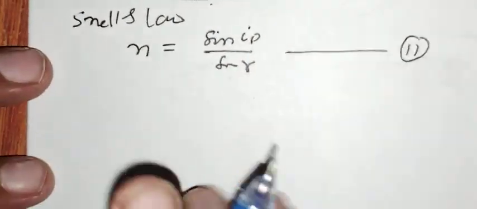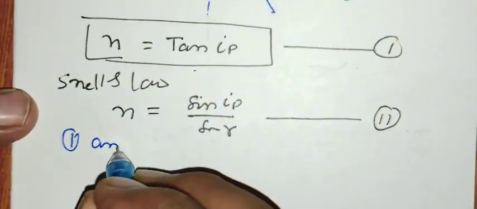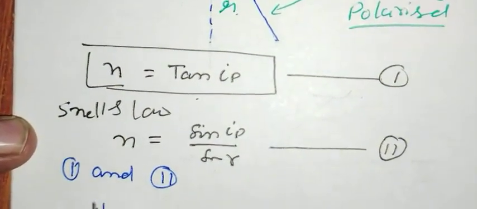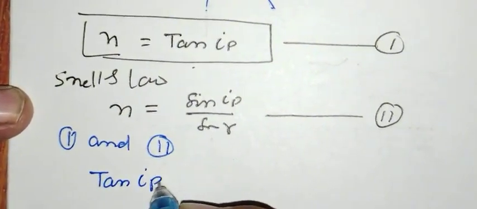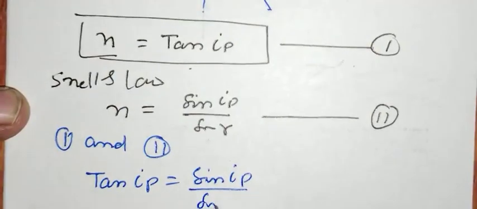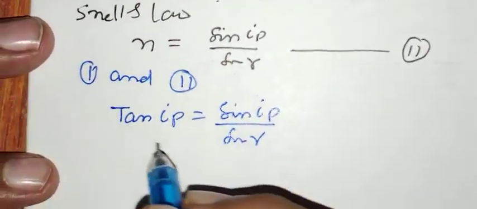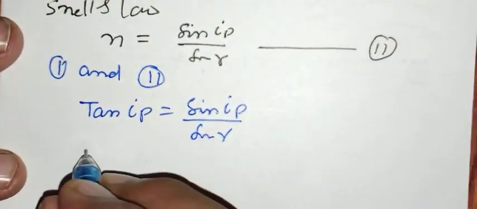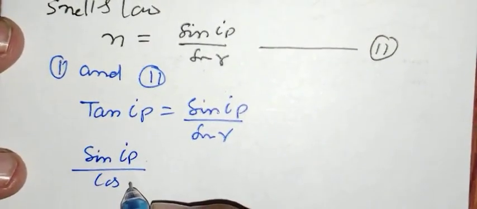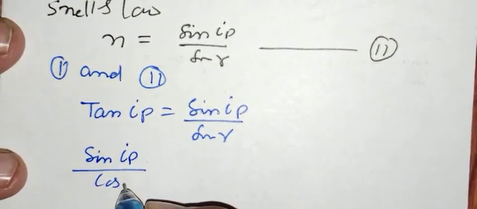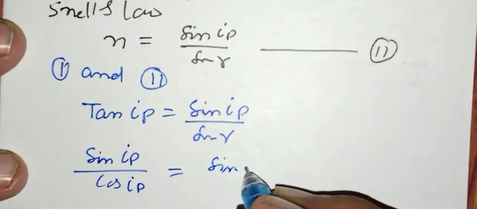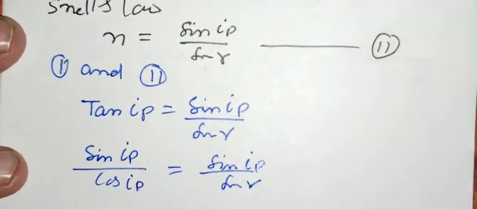When one compares equation 1 and equation 2, one may write tan IP is equal to sin IP by sin R. Tan IP can be written as sin IP by cos IP, which is equal to sin IP by sin R.